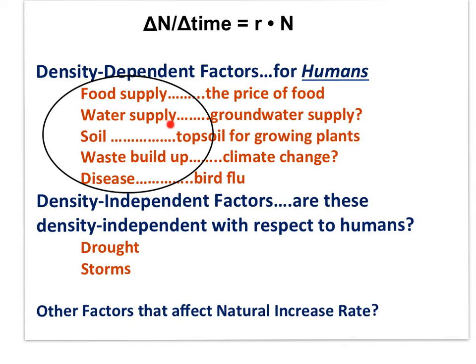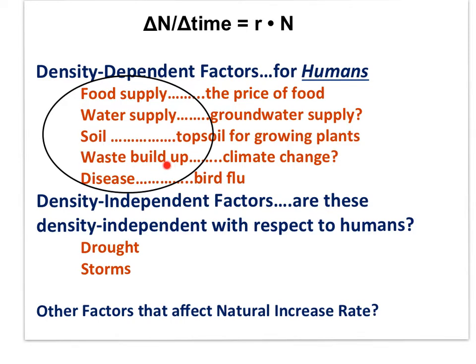Water supply: surface water is renewable, but deep groundwater supply is not. It takes time to replenish the groundwater stock, so careful use is required. Soil: topsoil for growing plants is not renewable, and once degraded, it does not come back in a short period of time. Erosion is one type of soil degradation.